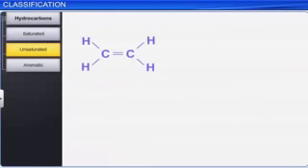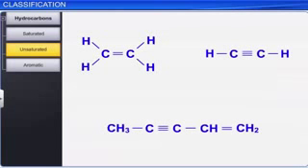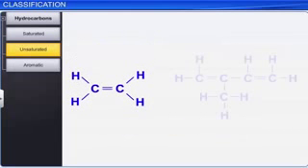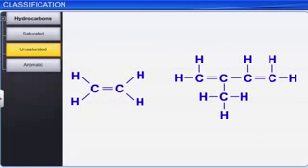Unsaturated hydrocarbons consist of one or more carbon-to-carbon multiple bonds. That is, a double bond or a triple bond or both. Unsaturated, open chain or acyclic hydrocarbons in which carbon atoms are linked by straight or branched chains containing at least one carbon-to-carbon double bond are called alkenes.